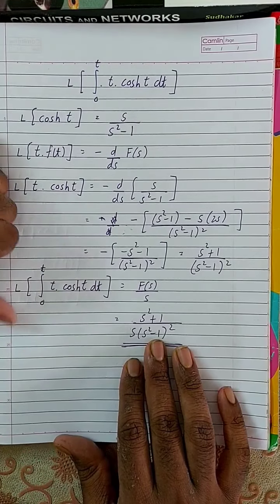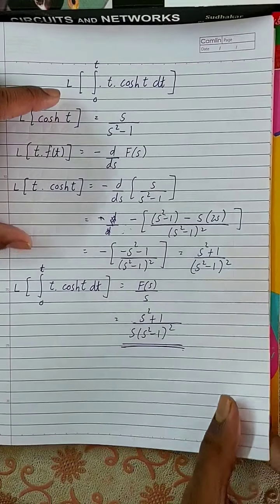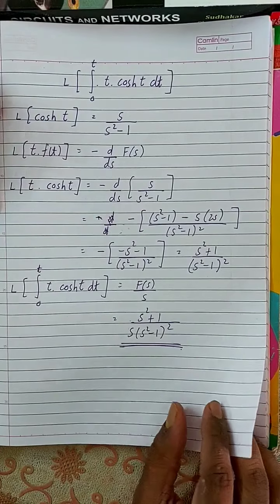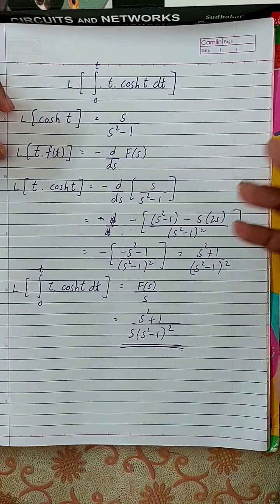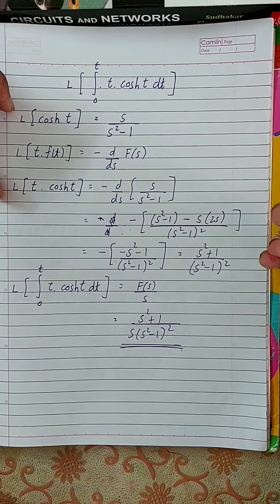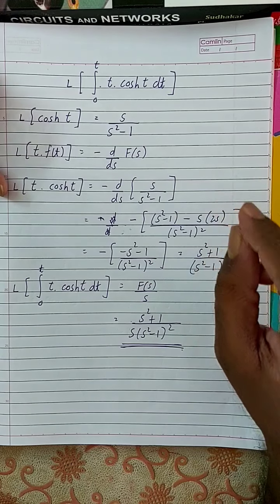If you want, we will do one more question based on this approach, so that you can be familiarized with it. Now which method you choose depends on your taste. I would prefer the other method if you are not very good in differentiation.